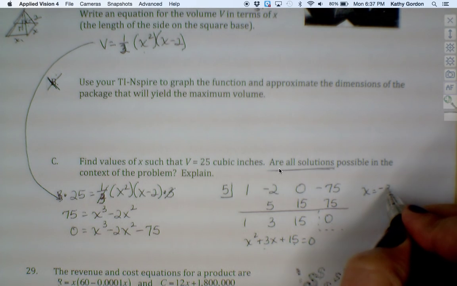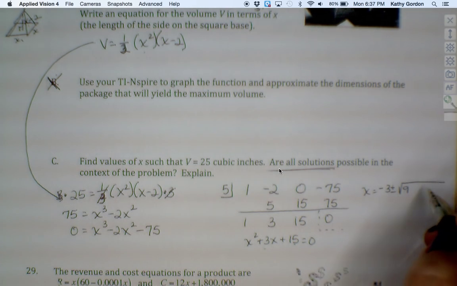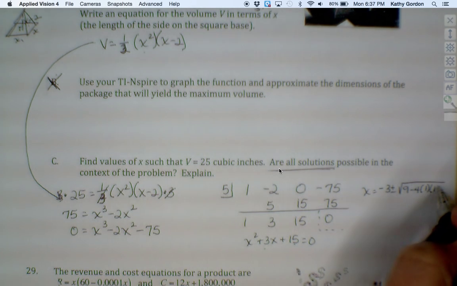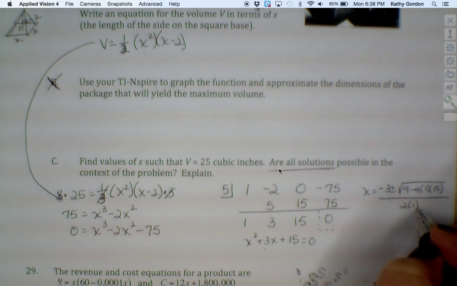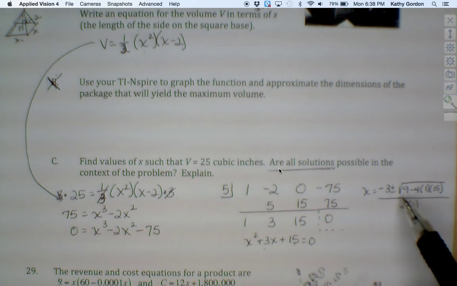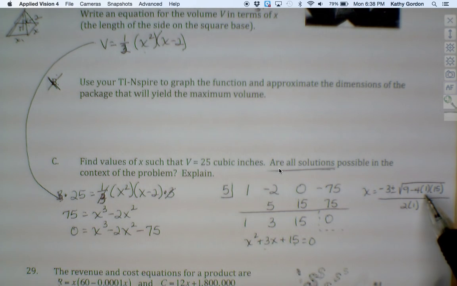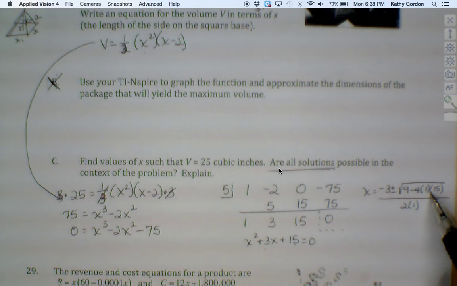So negative b plus or minus the square root of b squared minus 4ac, all over 2a. Notice what's happening in our determinant here inside of the square root. A 4 times a 15 is going to give me 60. A 9 minus a 60 is going to be negative.